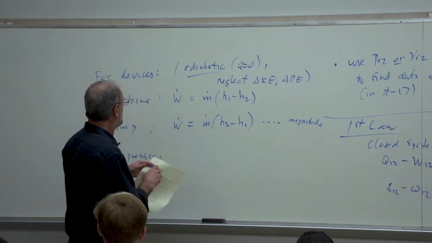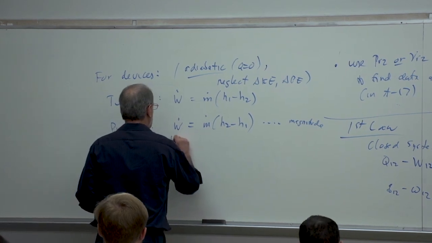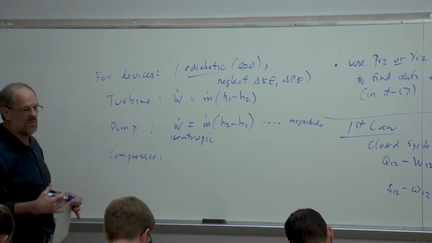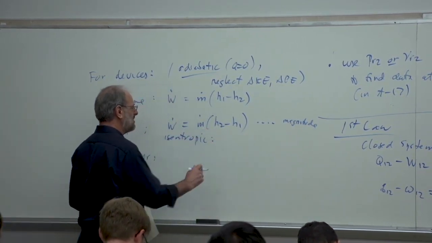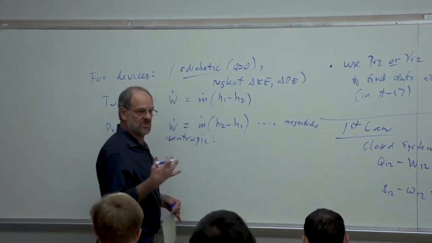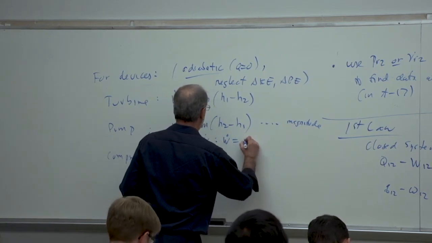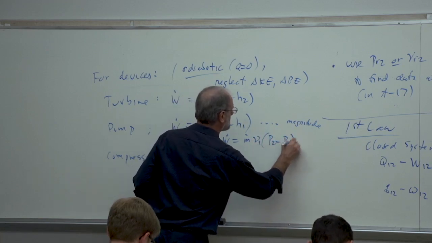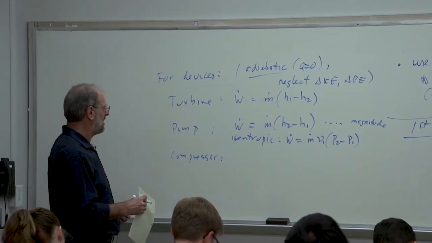Further, I might note that if we're indeed dealing with an adiabatic process and the pump, besides being adiabatic, is also reversible, if it's an isentropic process, then we would note that the enthalpy change can be replaced by the specific volume times pressure change. So W dot for the pump is going to be m dot times specific volume at the inlet times P2 minus P1. So often we're going to deal with these ideal pumps.